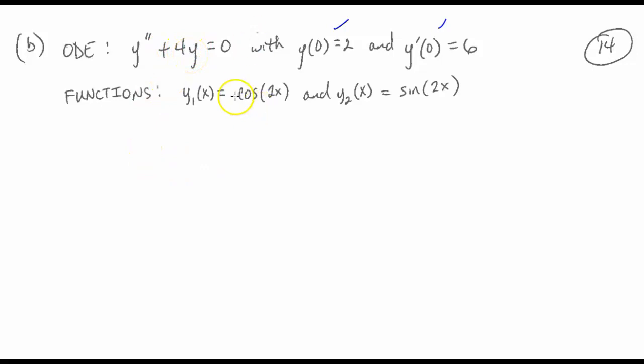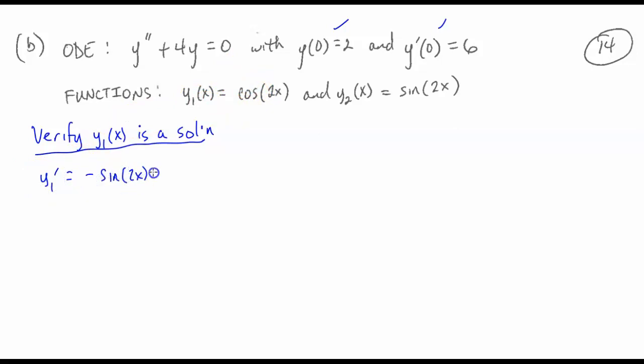So the first thing that we need to do is verify that each of these functions are solutions on their own. So I'm going to say verify y1 of x is a solution. So we'll do that first. So here, I just need to find the second derivative. So y1 prime here will be minus sine of 2x times 2 via the chain rule.